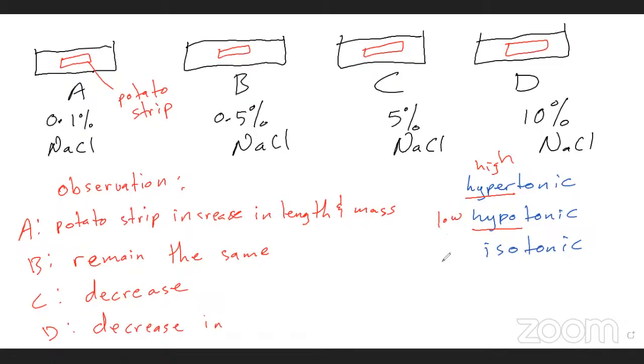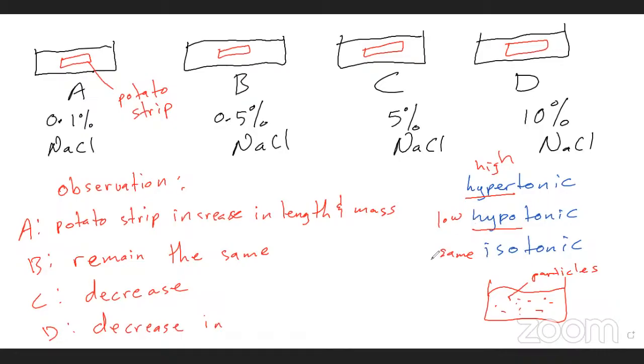All right. Iso is the same. When we're using hypertonic, hypotonic, it is referring not to the water now, but to the amount of solute in the water. A hypertonic solution means you have a lot of solute particles in the water. All right, so hyper, it is a concentrated solution.